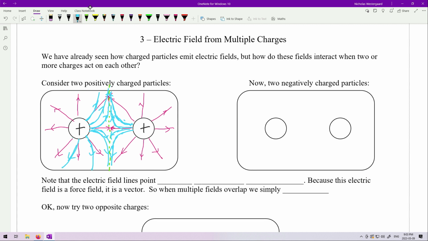So you can see that the resultant field is almost the same, but the charge on the other side pushes the fields out just a little bit because its own field lines are pushing up. And the only ones that don't really change are the ones along the axis of the charges.